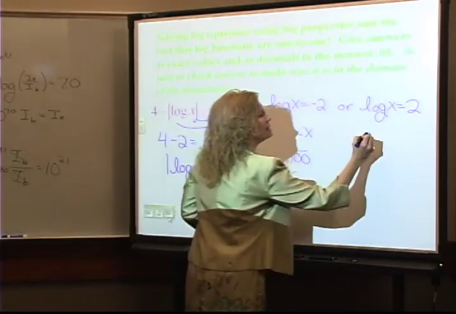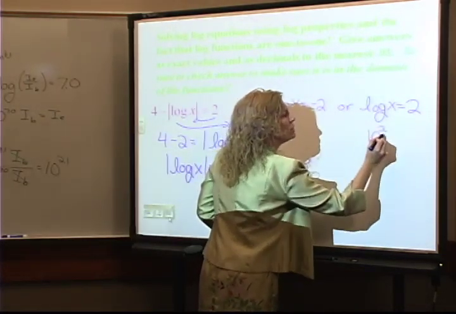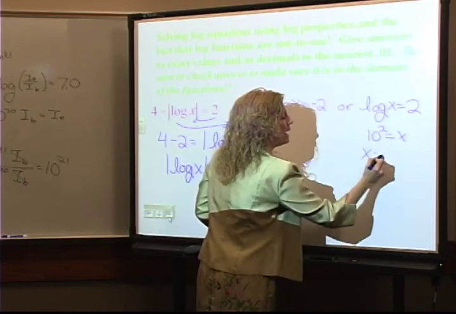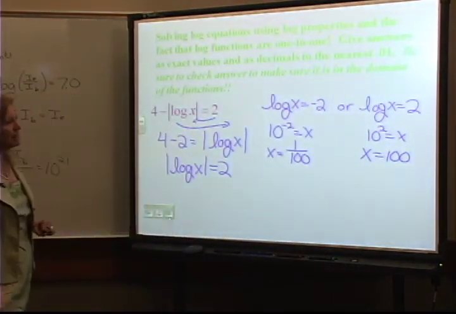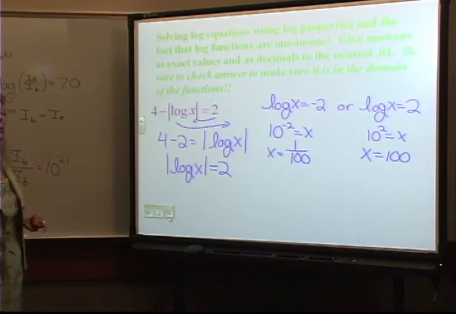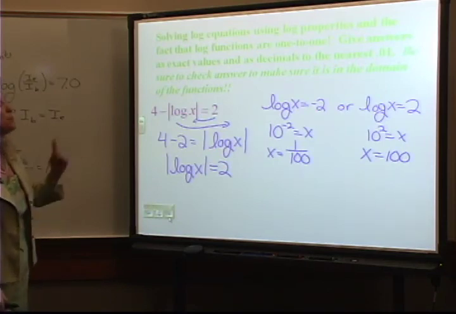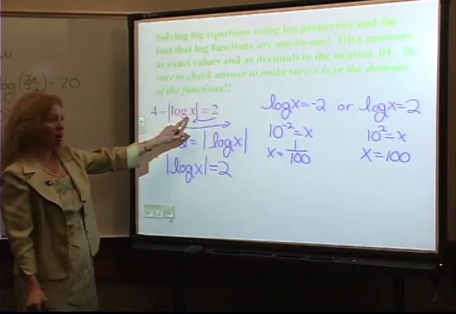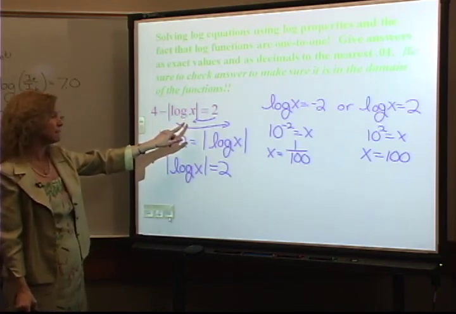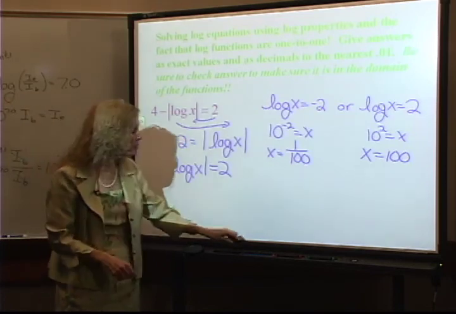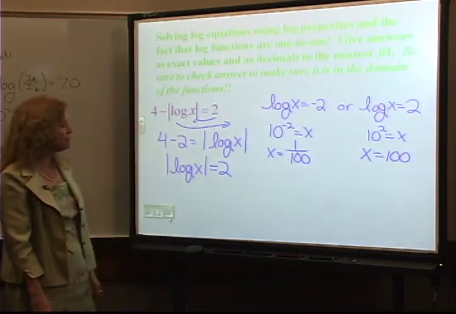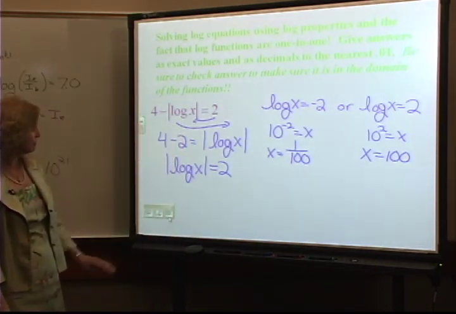Or 10 to the 2 is equal to x. X equals 100. So that's kind of interesting. X is either 100 or it's 1 over 100. Are they both acceptable? Yes. And in fact, if you double check, they're both going to work and give you a correct answer.